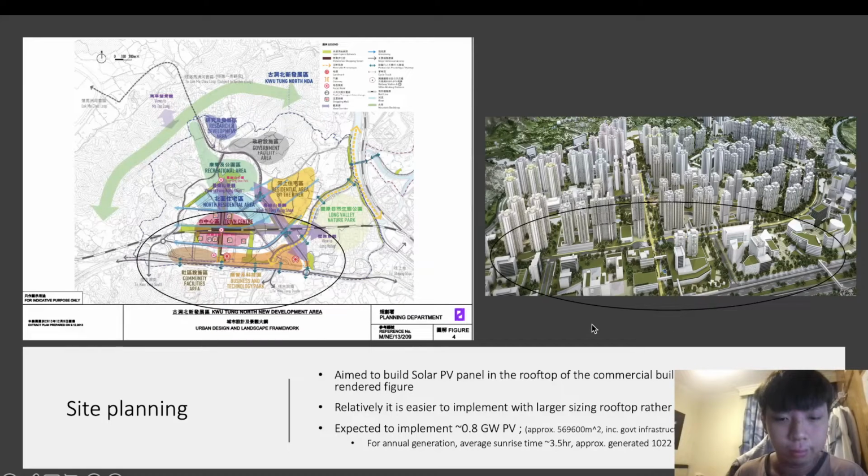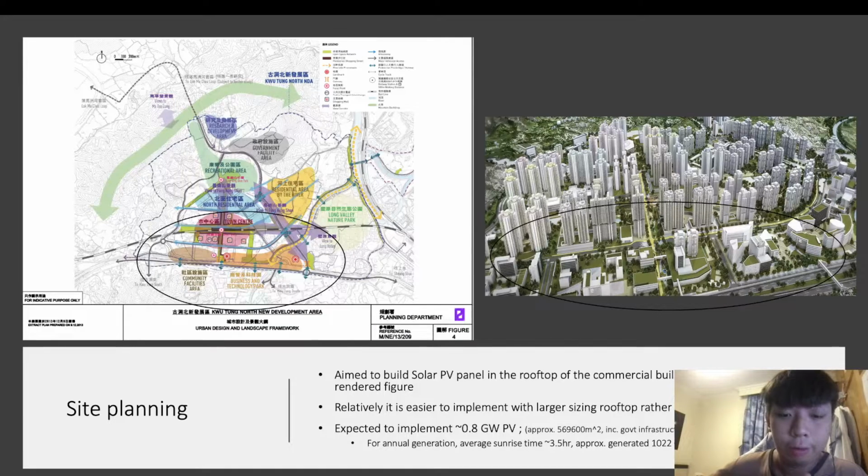For the commercial buildings, including the recreational area beyond them, like here, I have estimated approximately 0.57 million square meters, including the government structures and commercial buildings, and it is expected to implement 0.8 gigawatt PV plants.